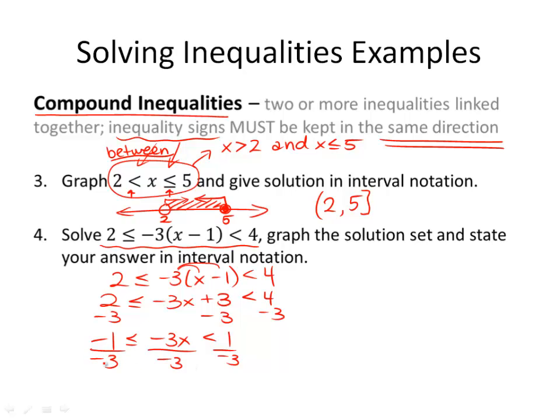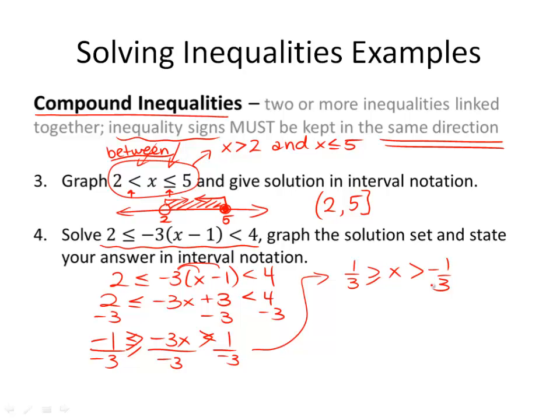Since we're dividing by a negative, that means we need to switch our signs. So they actually switch to go the other way, giving us 1/3 greater than or equal to x greater than -1/3.